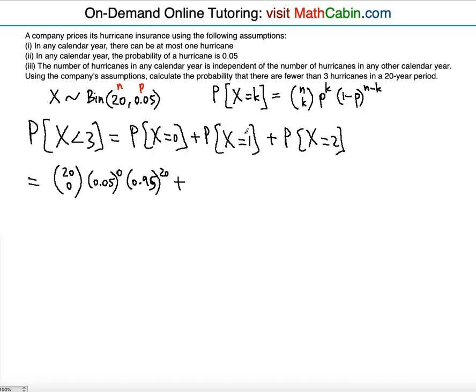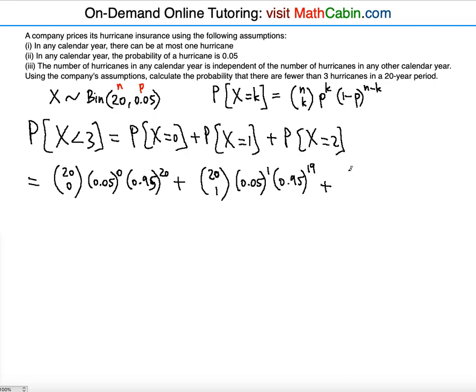Now the probability of 1 hurricane in a 20-year period is going to be 20 choose 1. The bottom number will increase, 0.05 raised to the first power, and then 0.95 raised to the 19th power, the difference.